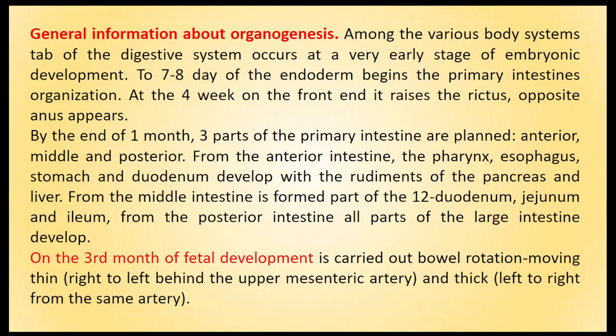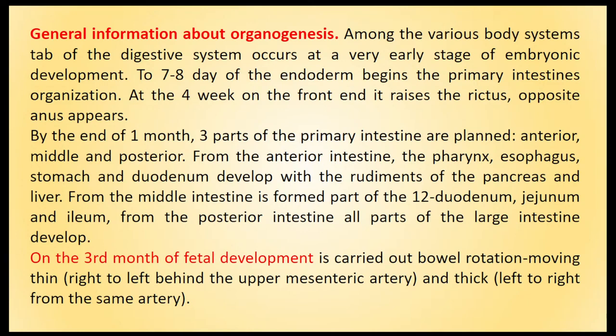By the end of the first month, 3 parts of the primary intestine are planned: anterior, middle, and posterior. From the anterior intestine, the pharynx, esophagus, stomach, and duodenum develop with the rudiments of the pancreas and liver.